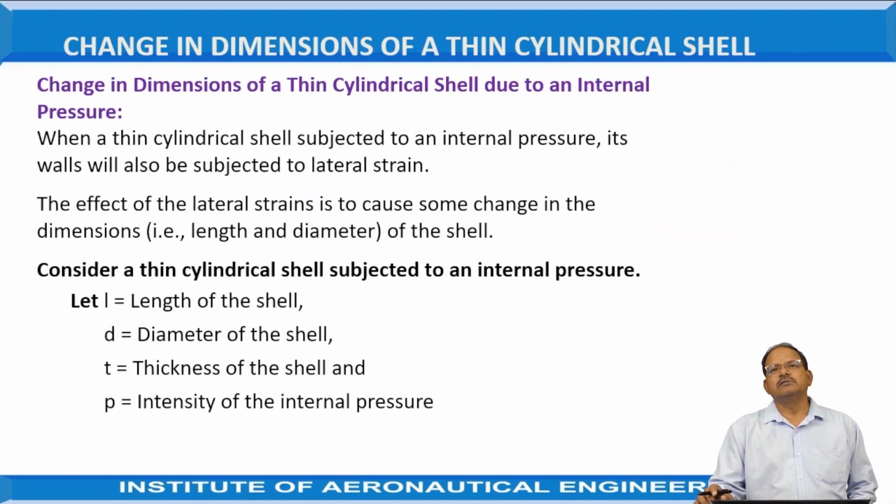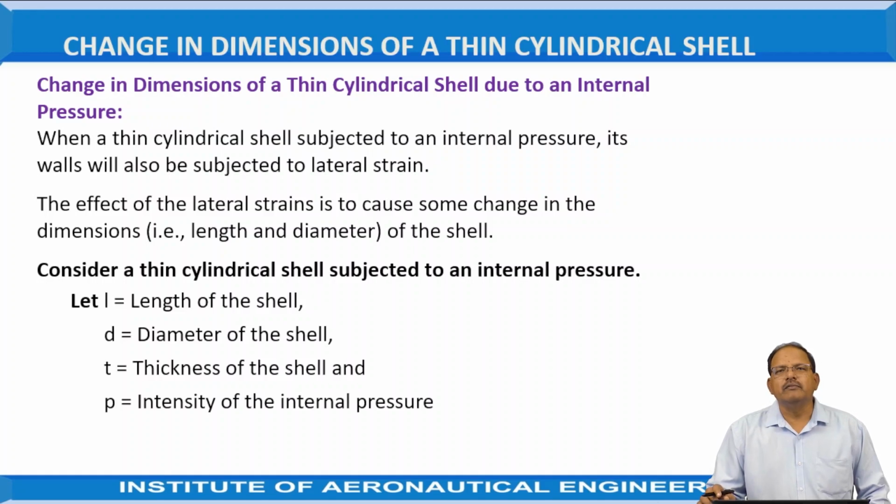Because of these stresses, as already discussed, both the longitudinal stress and the circumference stress are tensile in nature. Hence, the dimension in the direction of the stress increases. That is, the diameter as well as the length of the cylinder both increase because of longitudinal as well as circumference stresses.